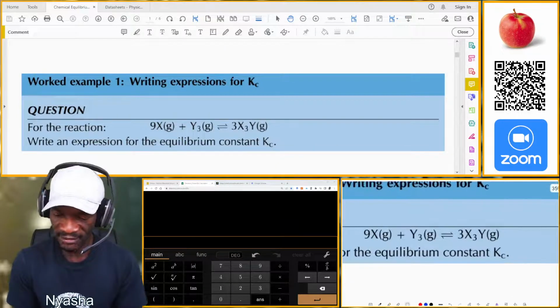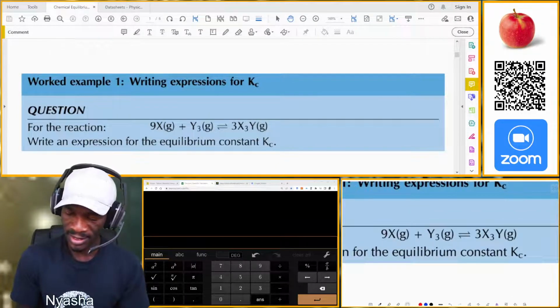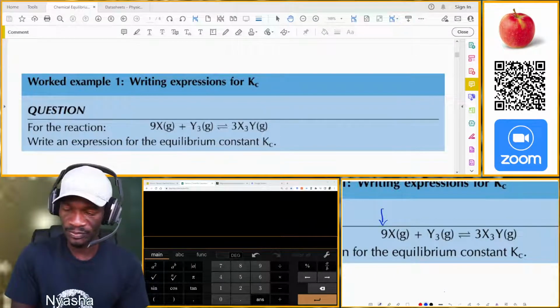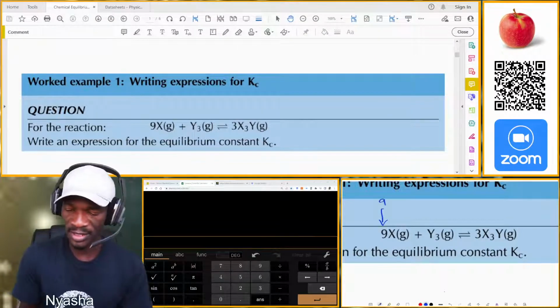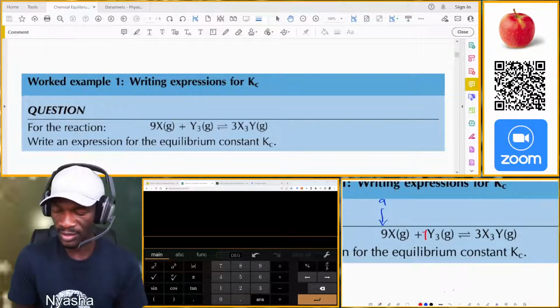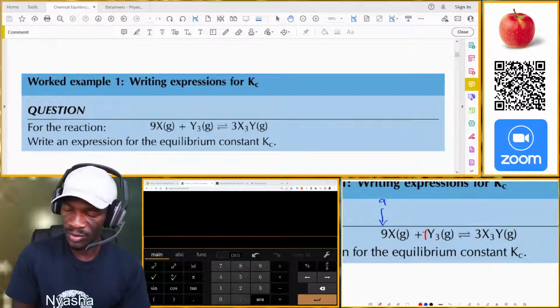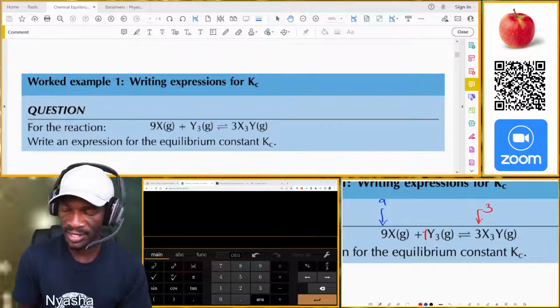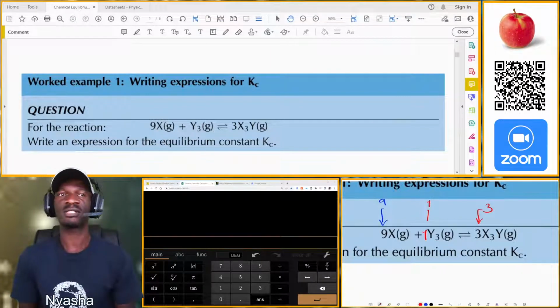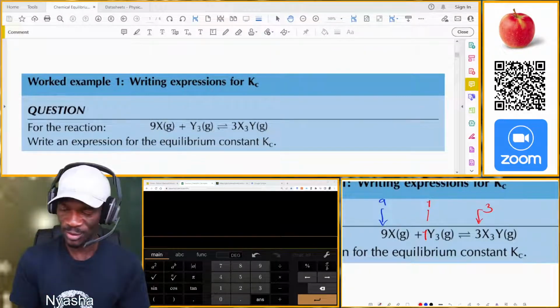Let's not forget that this is a stoichiometric ratio. We have a stoichiometric coefficient of 9, and we also have a coefficient of 3 there. So in this chemical reaction, we have those molar ratios.